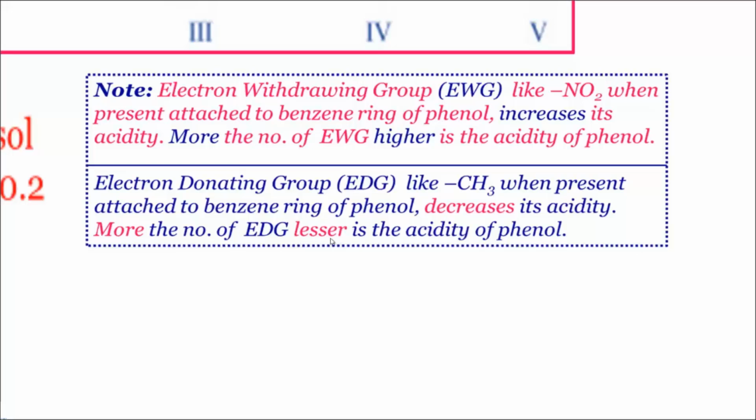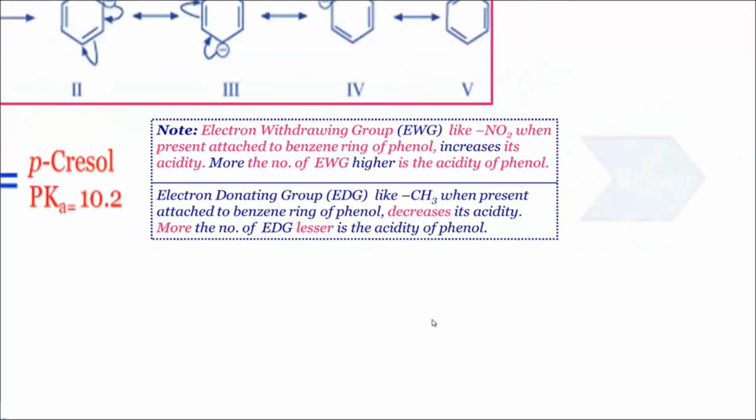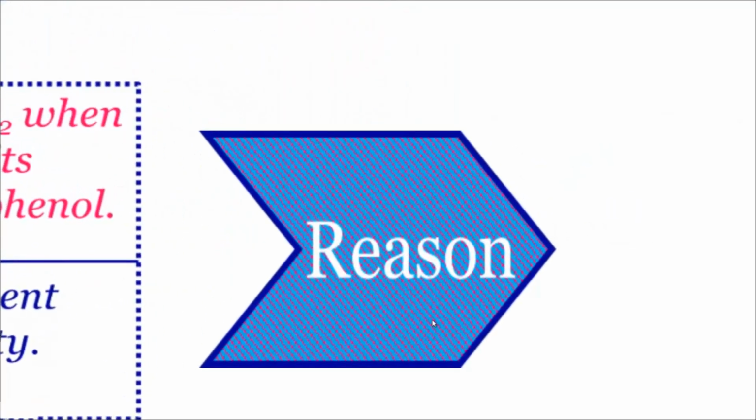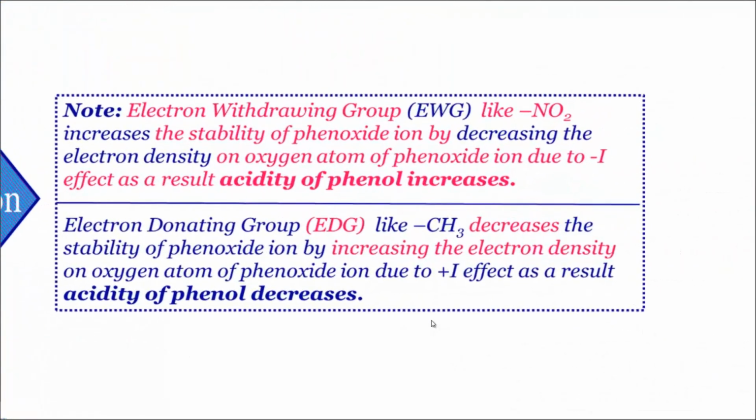Now let's understand the reason for this particular behavior. An electron withdrawing group like the nitro group, why will it increase the acidity of phenol? It's because they increase the stability of the phenoxide ion. How do they increase the stability of the phenoxide ion? By decreasing the electron density on the oxygen atom of the phenoxide ion.